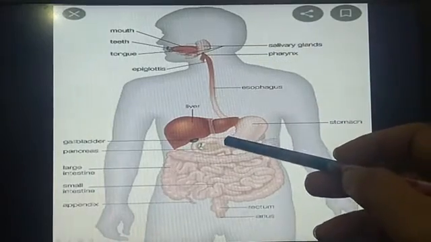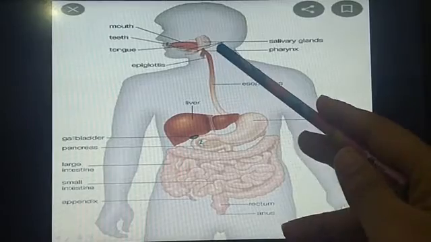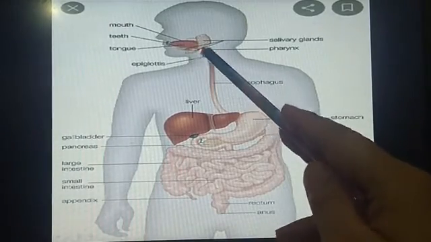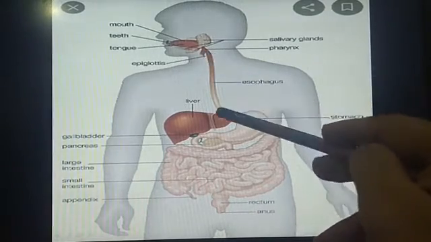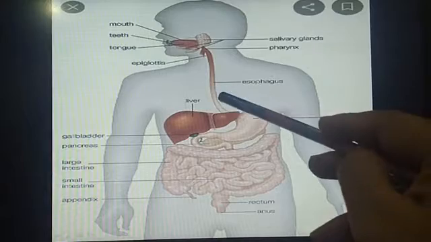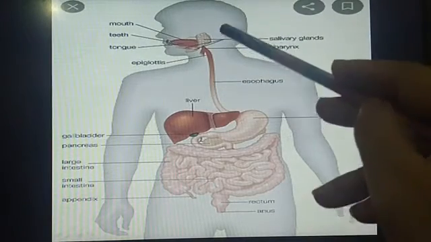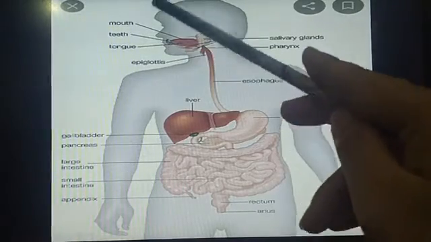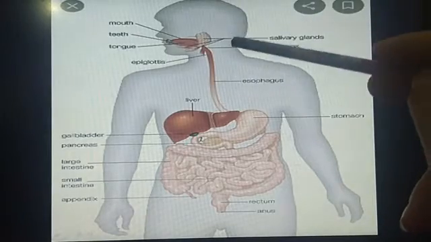Esophagus is located near your trachea. Trachea is the windpipe. This is your windpipe, showing a small sign over here, and this is your esophagus. What is the esophagus? Esophagus is known as the food pipe because it receives food from your mouth when you swallow. It is 25 centimeters long.